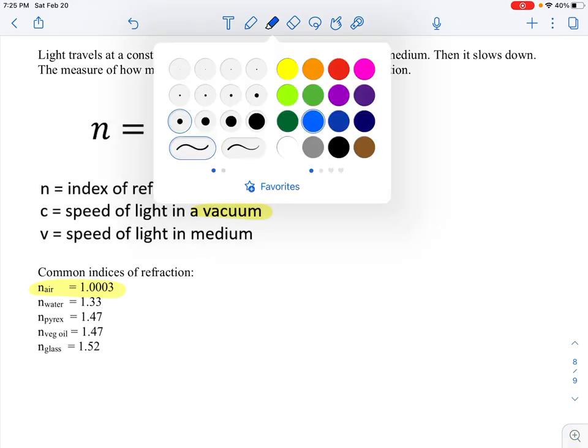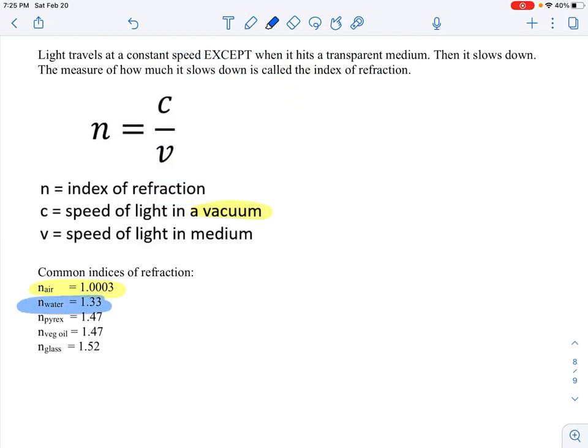But let's look at something else. Let's look at water. What about water? So here it says that N for water is 1.33. And the speed of light is 3 times 10 to the 8th meters per second. And we would solve for the speed of light in water, in that medium.